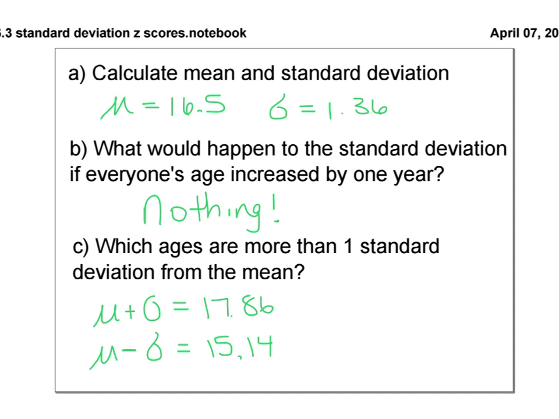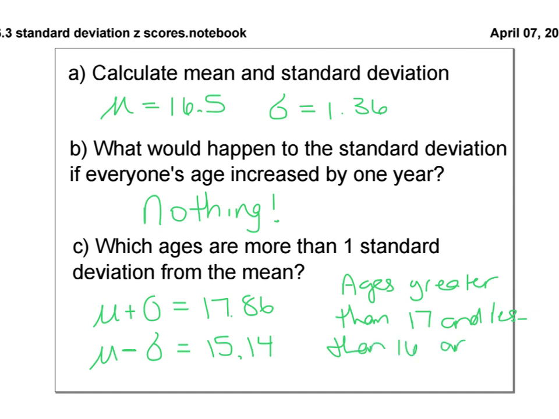Then if we look back at our data, any ages greater than 17 and less than 16 are more than one standard deviation from the mean.